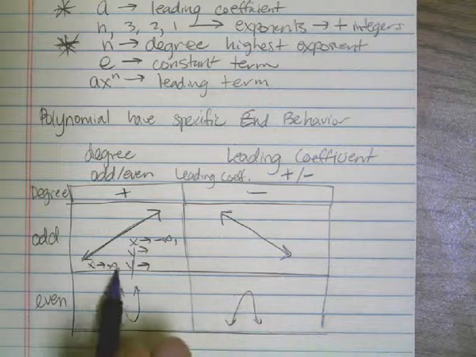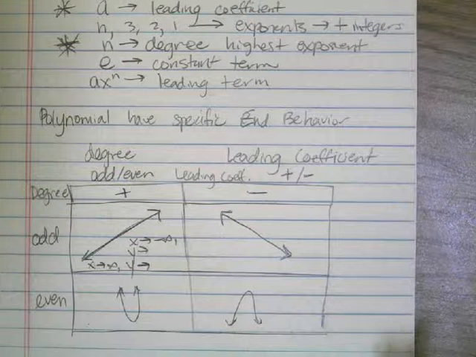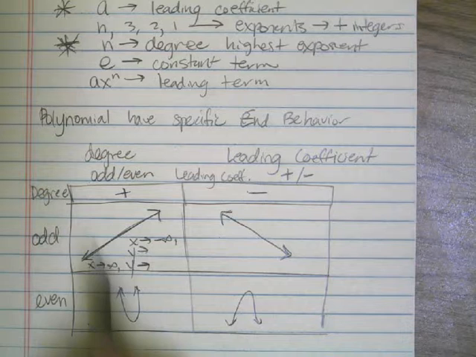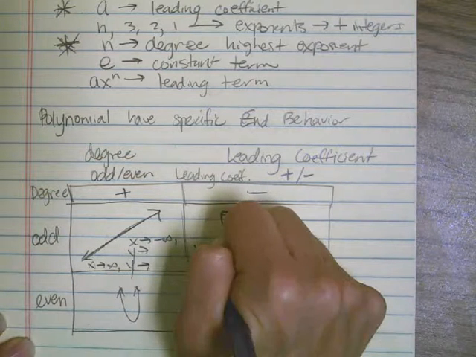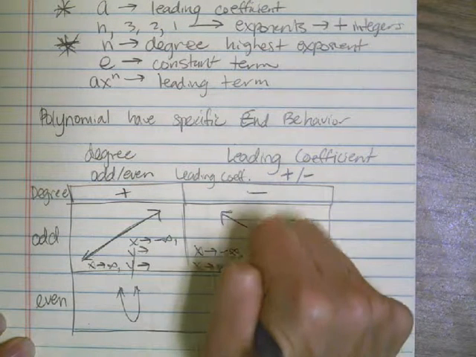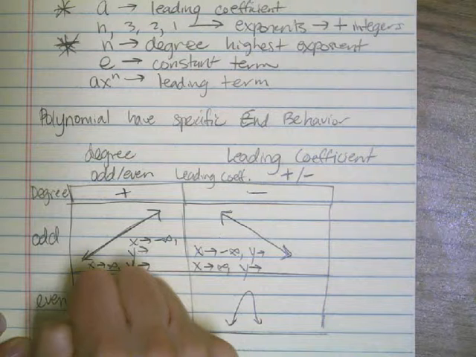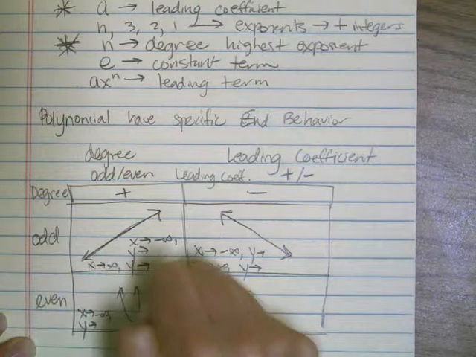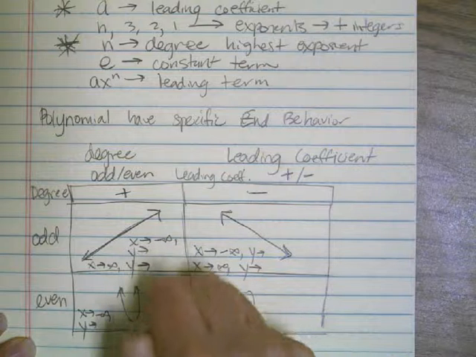X goes to positive infinity, y goes to something. You're always going to have two ends. You have a left end and a right end. So all of these will have those. We're going to fill in the other part.